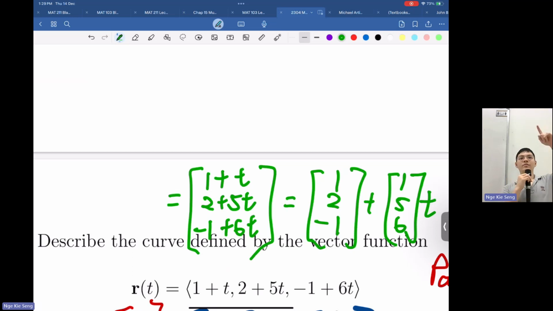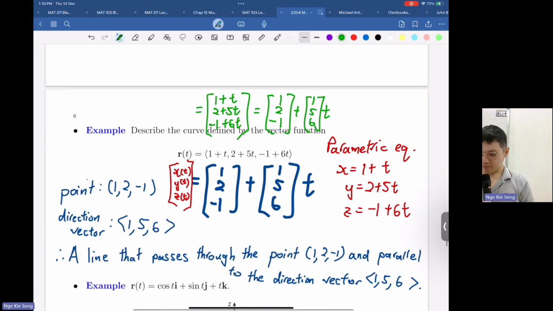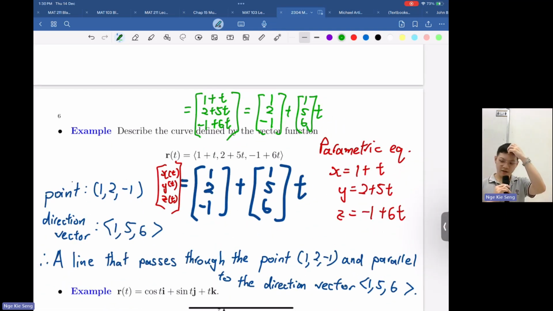Remember, whenever you move to a different space, the vector still stays the same. I'm talking about the vector that starts with 1, 2, minus 1. I fix the vector to one space, and then I take the whole line here. So this is a line that passes through 1, 2, minus 1 and is parallel to the direction vector 1, 5, 6.